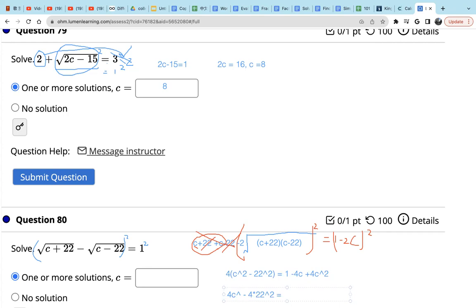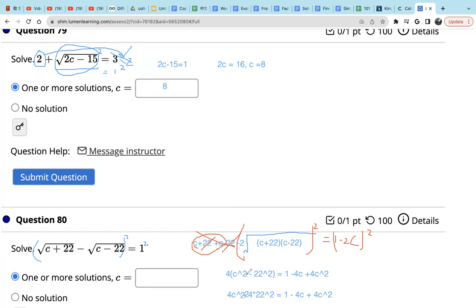So equals 1 minus 4c plus 4c squared. Oh, this one is missing a square. 4c raised to squared, so this should be squared here. There, 4c squared minus 4 times 22 squared.